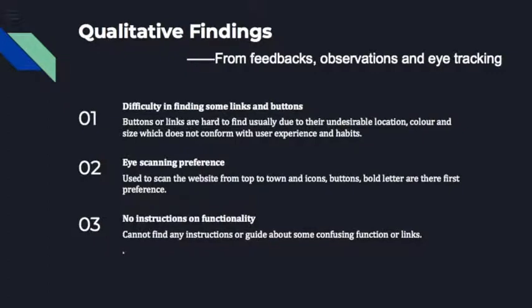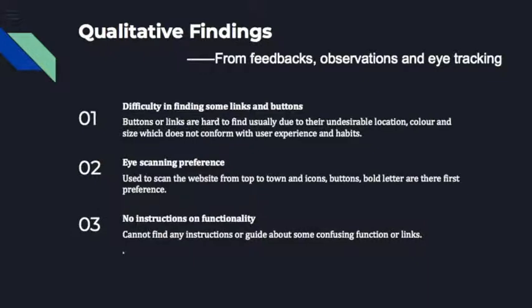Besides all the quantitative data we collected from the questionnaire, we also got some qualitative findings from our feedback, observations, and the eye tracking. Firstly, of course, the buttons and the links are hard to find, usually due to their undesirable location, color, or size, which means the font is not easy to find.